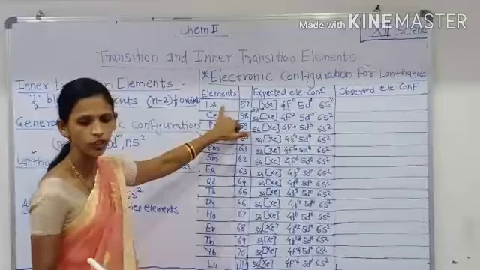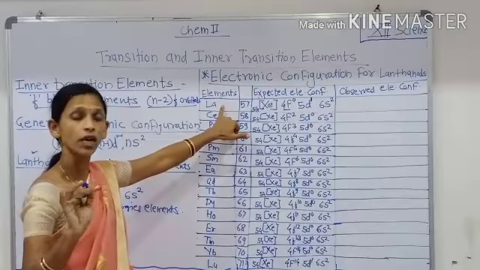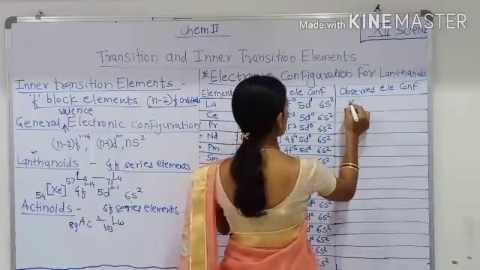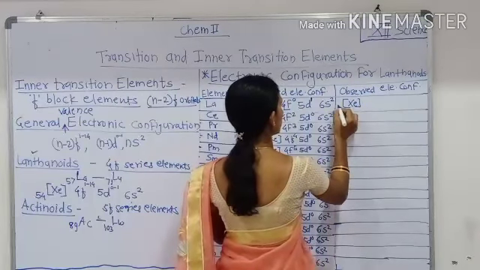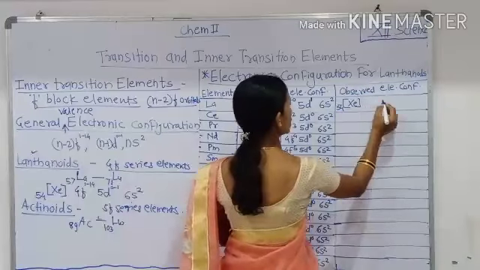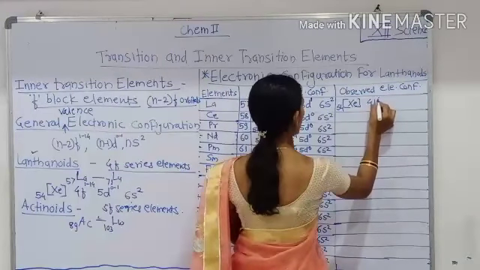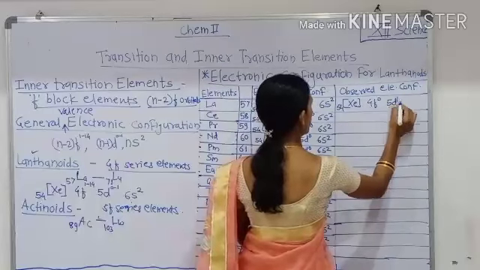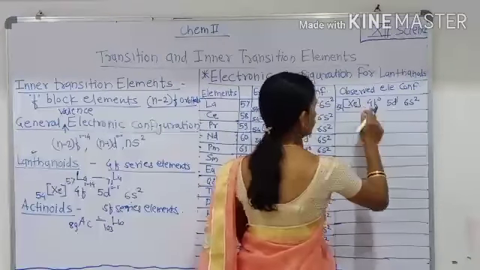Lanthanum, in which the f orbital is empty. Therefore, here xenon 54, 4f0, 5d1 and 6s2.